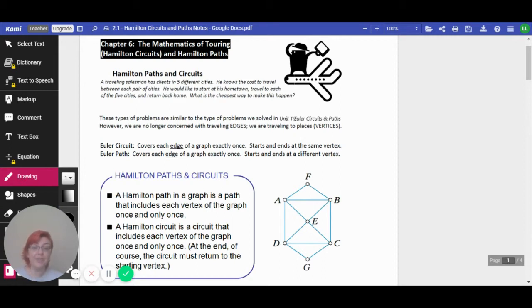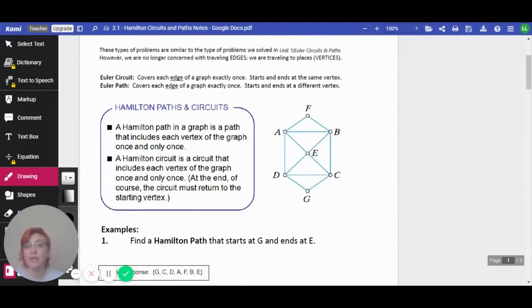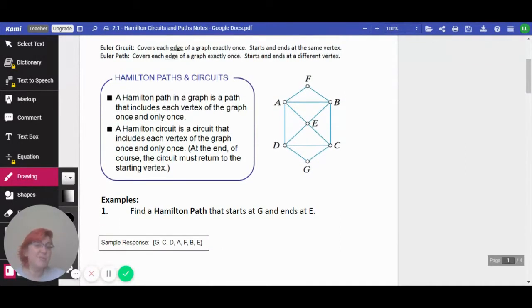An Euler path covers each edge of the graph exactly once and starts and ends in different spots, while a Hamilton path goes to every vertex of the graph and starts and ends at different spots. Now, because of that, a Hamilton circuit and a Hamilton path most likely will not travel every edge in the graph. So here, let's find a Hamilton path that starts at G and ends at E.